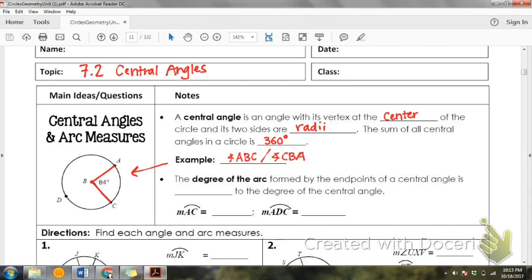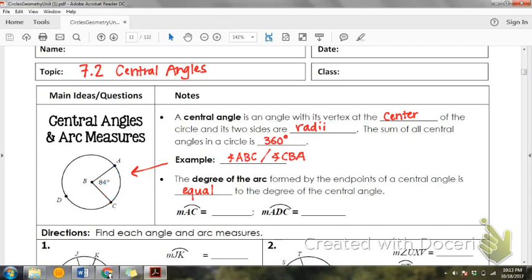So the degree of the arc formed by the endpoints of a central angle, so that means the degree of this arc here is equal to the angle that it opens up to. So whatever arc that the angle opens up to, that's the measurement of the central angle.